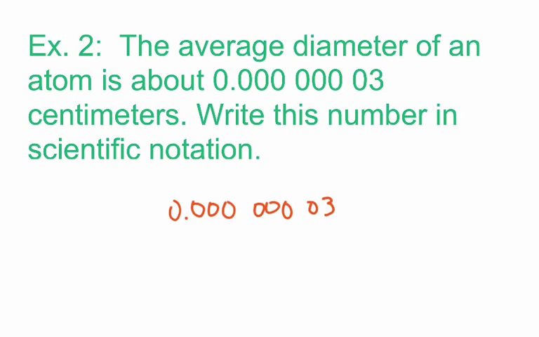I expect you to write the number and then show the steps that you take in order to convert it into scientific notation. So right now my decimal place is after the first 0 on the left, and I want it to be behind the 3. I want a single digit number in front of the decimal, so I want it to be behind the 3. So I'm going to make ocean waves to get from where my decimal is now to where I want it to be.